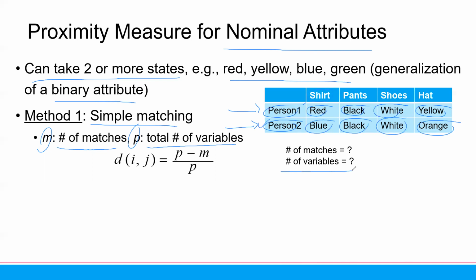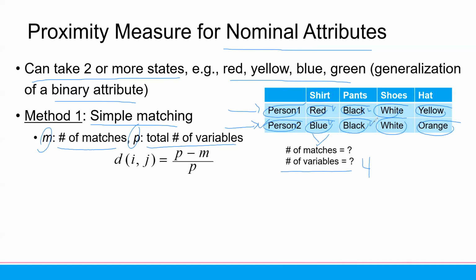How many variables? That's right. You have 4 variables. Okay. And among those 4 variables, how many variables match? Red and blue. Do they match? No. Okay. Black and black.